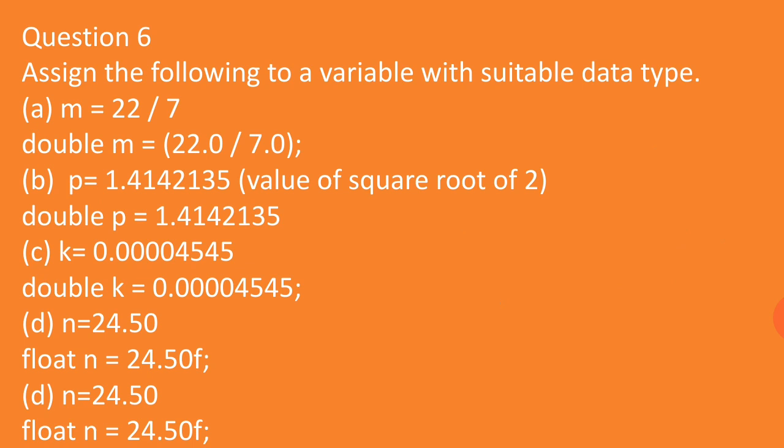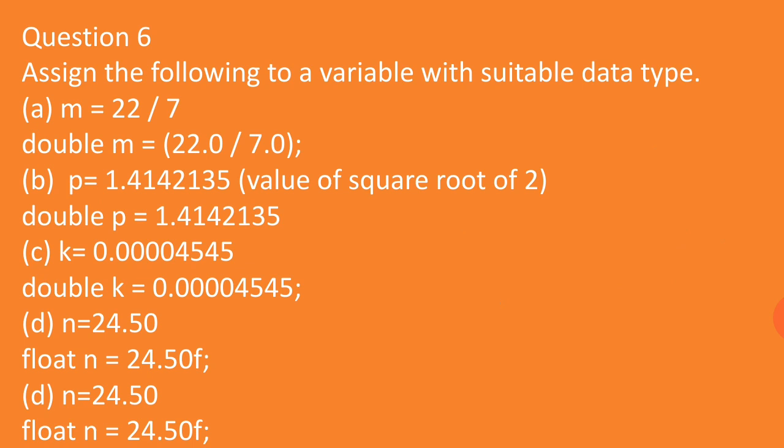Otherwise the double will have the value 3.0, because when the numerator and denominator are of int type, the result will also be int type, and that way the double will hold the whole number, not the fractional part. So it's important to have 22.0 and 7.0.